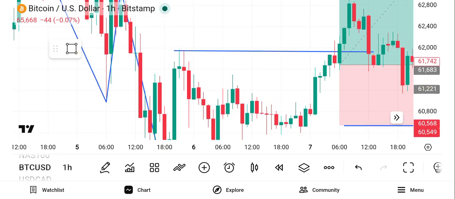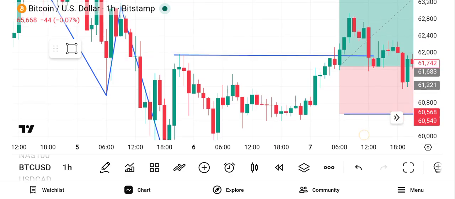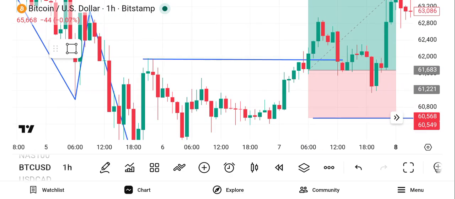All right, the next thing we look out for is the inducement part of the strategy. Now, what is an inducement? An inducement is the first valid pullback after a market structure shift. By definition, it's the first valid pullback, not just a pullback, but a valid pullback.